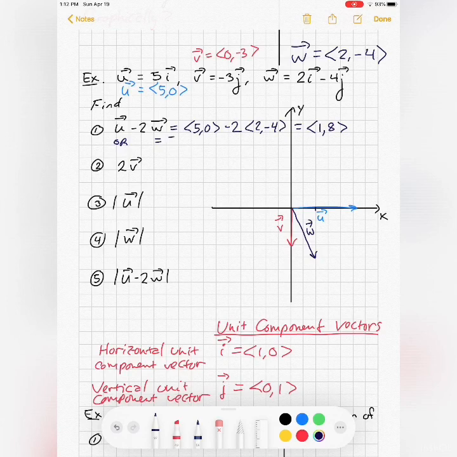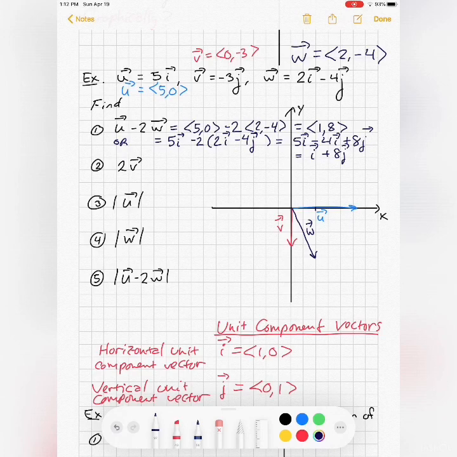So let's see. u is 5 times the vector i, and w is 2i minus 4j. And so that would give me 5i minus 4i plus 8j. Combining like terms, let's see, it's going to be 1i plus 8j.